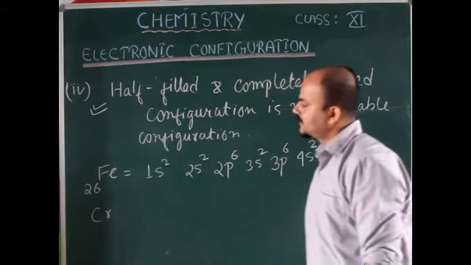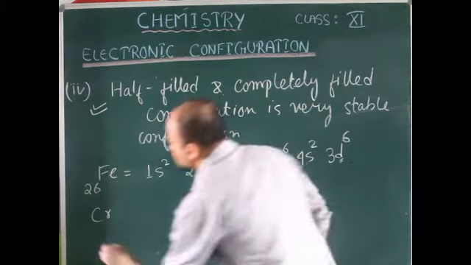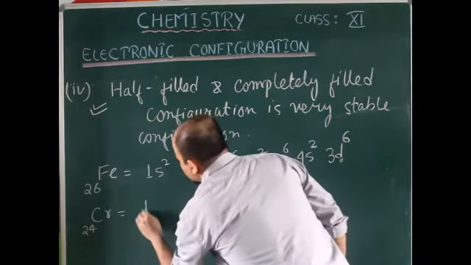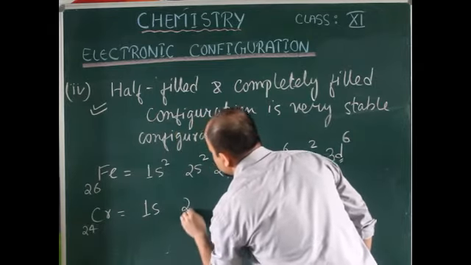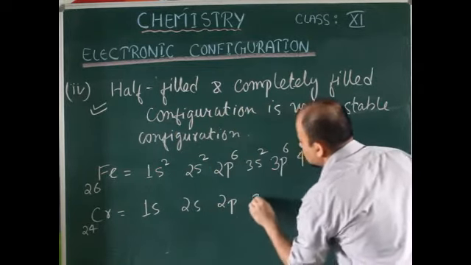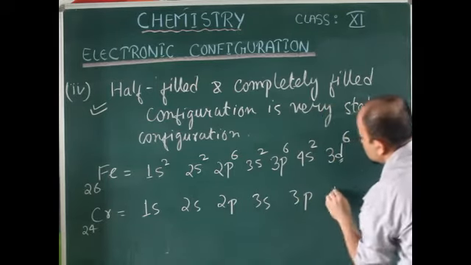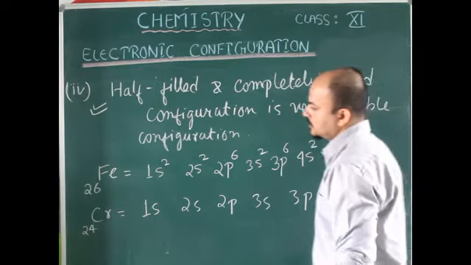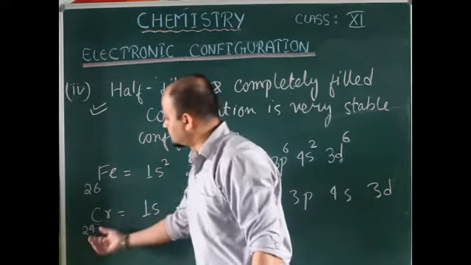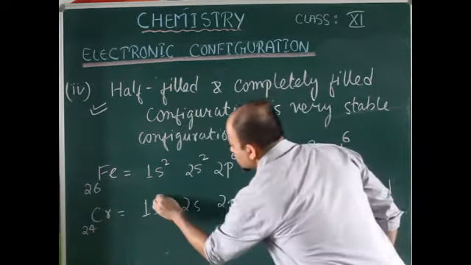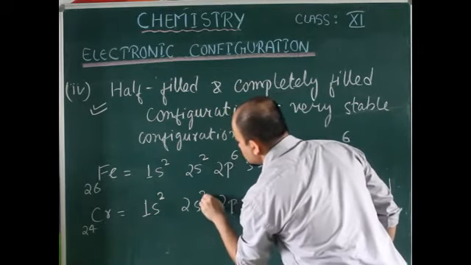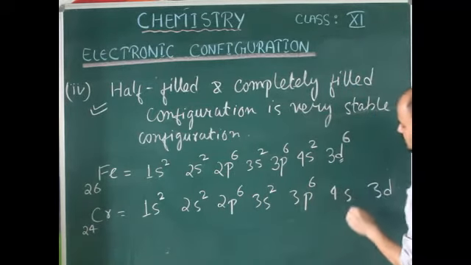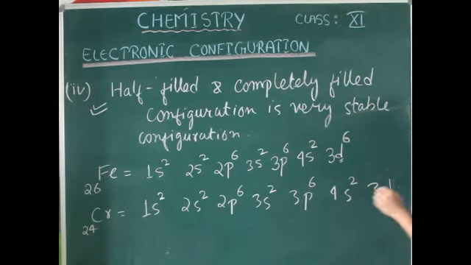Now let me give you an example of chromium. So scandium, titanium, vanadium, chromium. Its atomic number is 24. So whenever you are writing it, 1s, 2s, 2p, 3s, 3p, 4s and 3d. Chromium, manganese, iron. Its atomic number is 24. Try to fill the electrons here: 2, 2, 6, 10 plus 2 is 12, 18, 20, then comes 4.